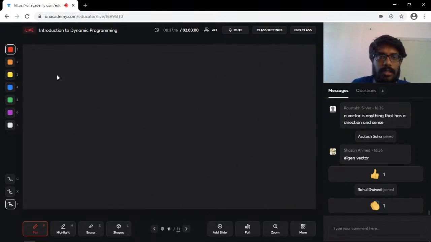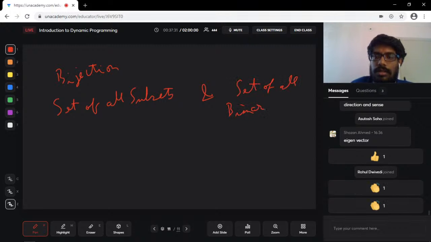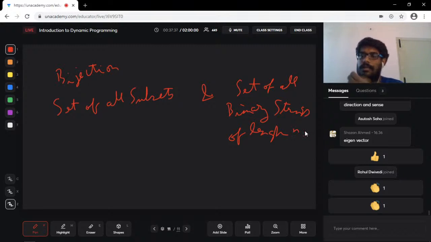There is a bijection between the set of all subsets and the set of all binary strings of length n. This makes sense, and that's exactly what we saw.